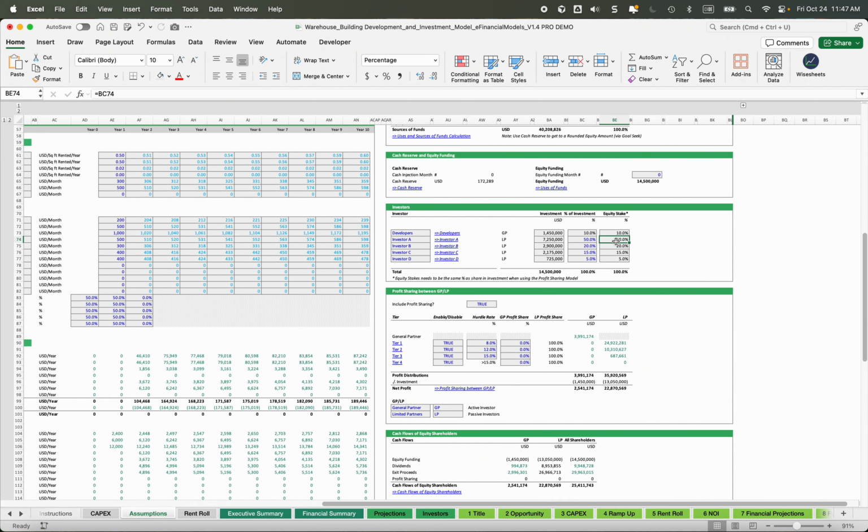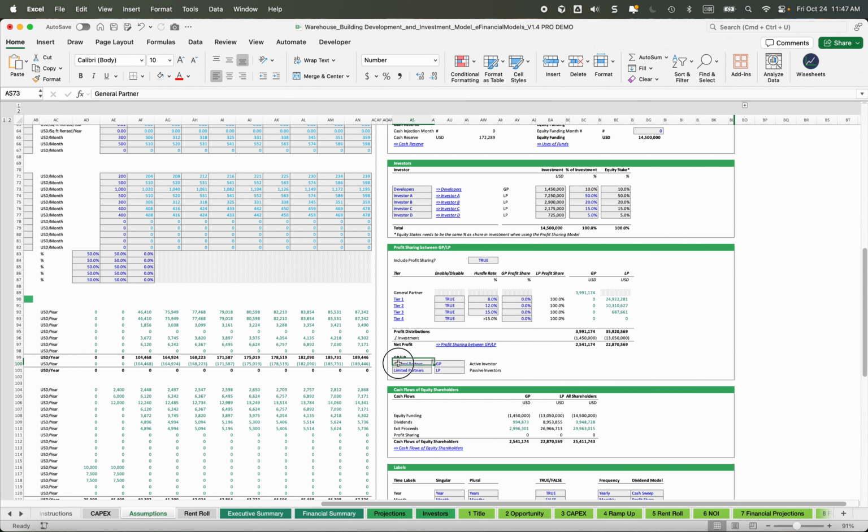But at the end of the day, there needs to be one who actually does the work, who oversees basically the construction, the leasing, the whole management of the property, and then also manages the whole exit. So one of these parties has a more active role than the others, and that's why we actually split the roles into a general partner and a limited partner. And now we also need to compensate the general partner for all the work he is doing.